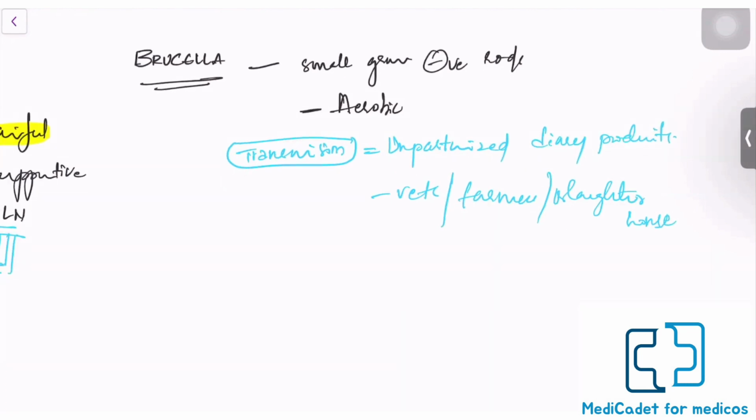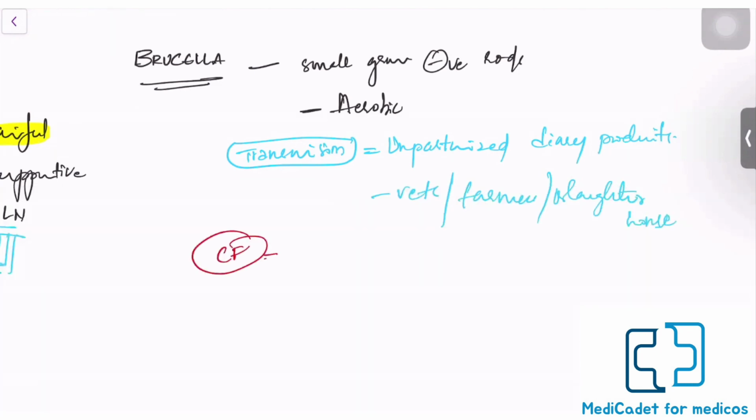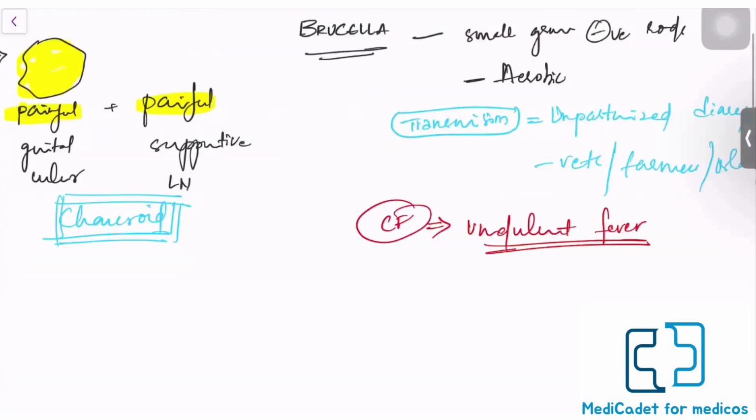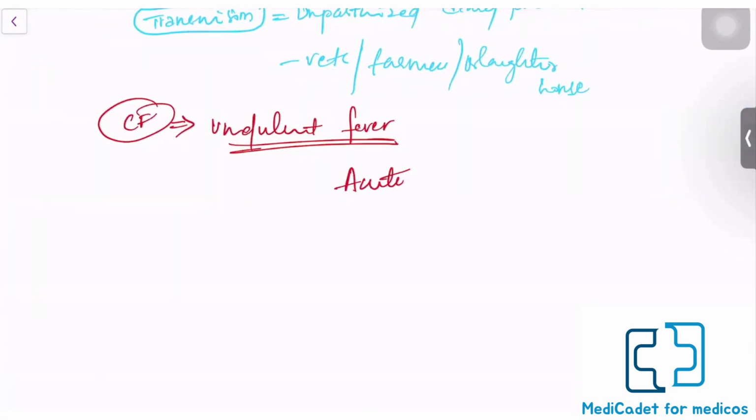Now, what was the clinical presentation of brucellosis? The clinical features would be fever, which has been given a nice term, undulant fever. This undulant fever is basically acute attacks of septicemia.